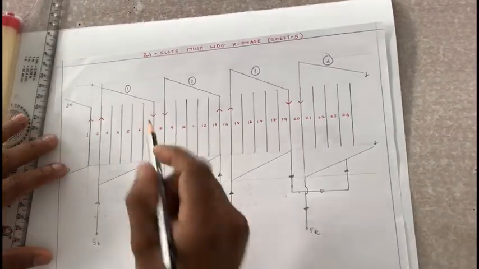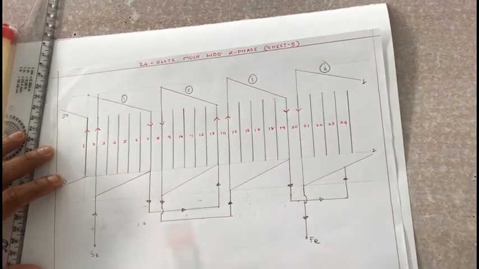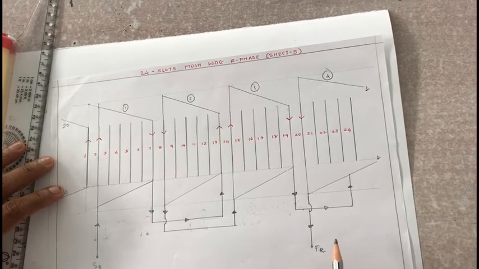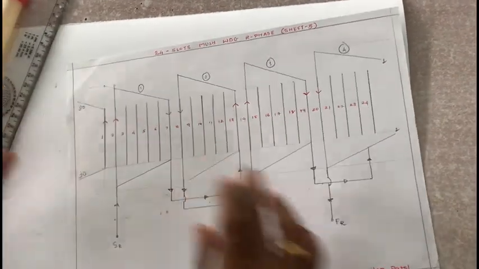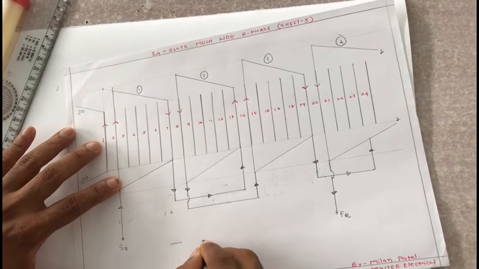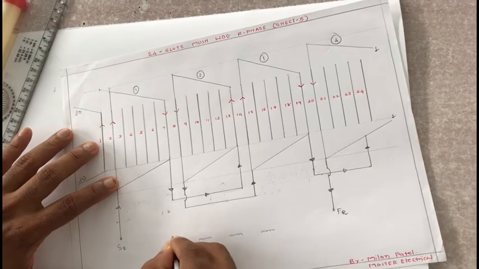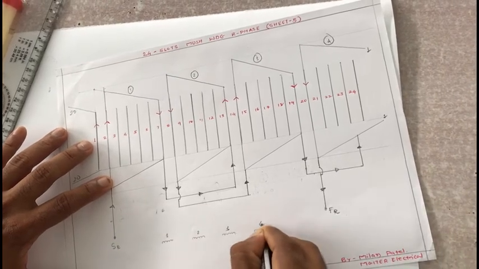So this is our 24 slot winding for R phase. This is starting of R, this is finishing of R. Okay, now here a total of 4 coils are there, so it will look like this.